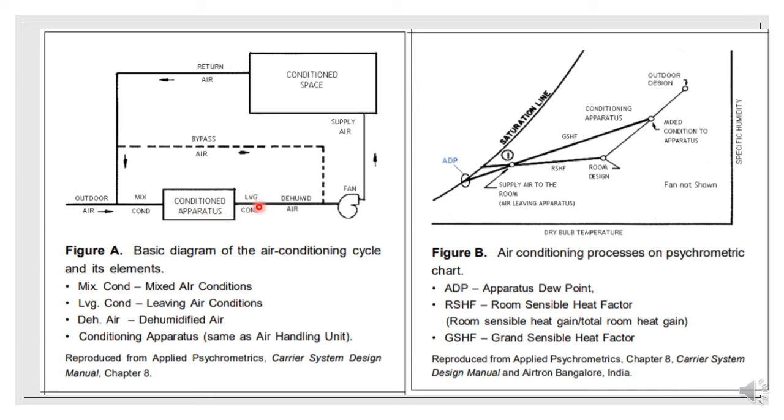Then we have the leaving condition from the AHU, and some of the air that is not in contact at all with the cooling coil will go through this path as the bypass air, and the rest, the conditioned air, will go through a fan and will be blown to the space as supplied air, and again the cycle repeats, return air comes again to the mixing box, and so on.